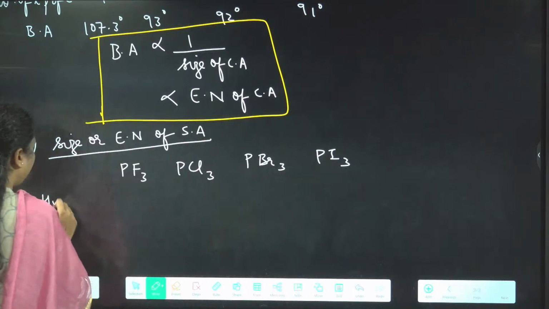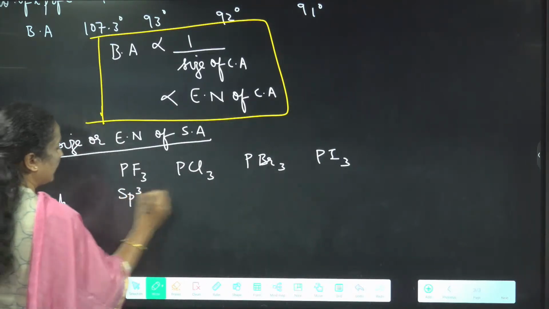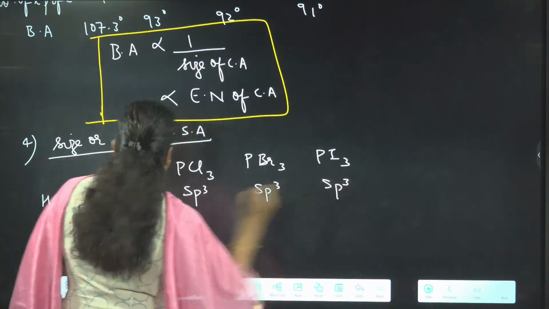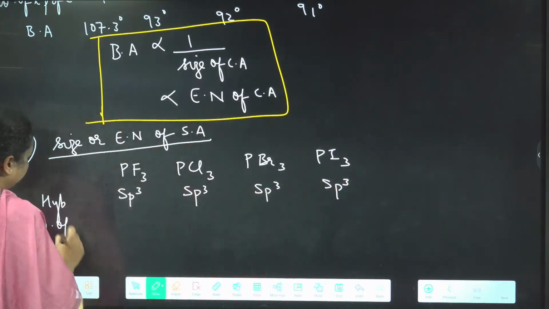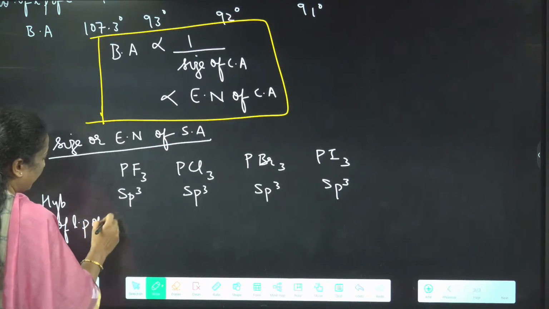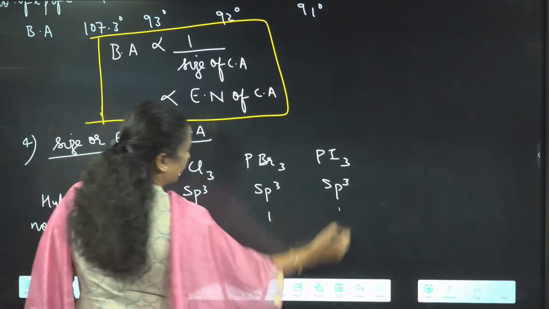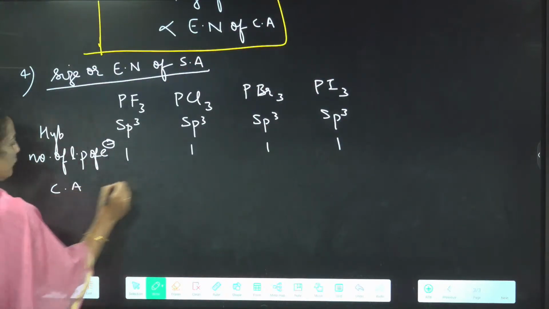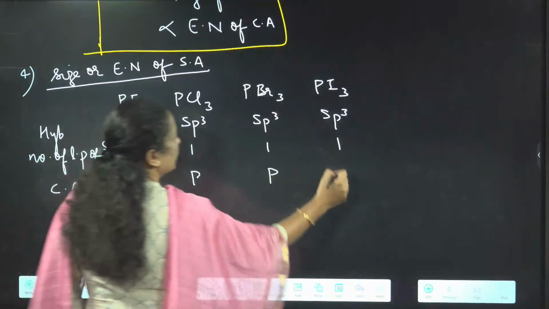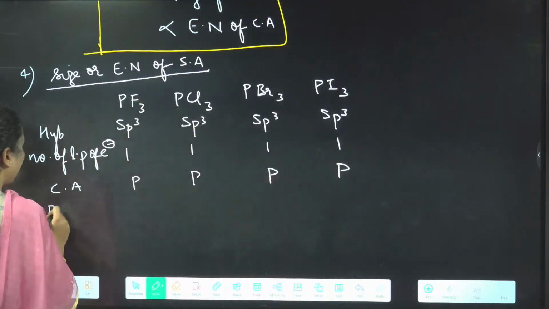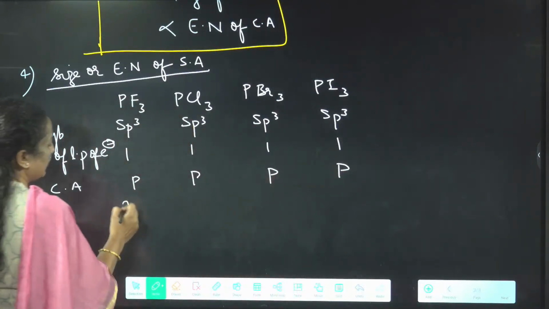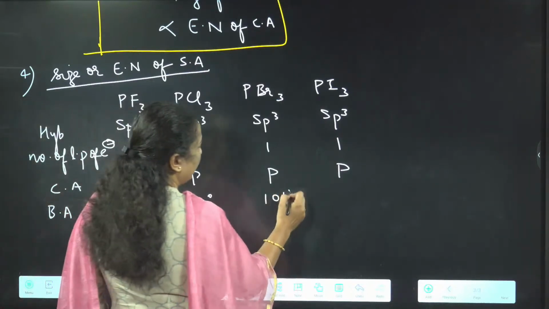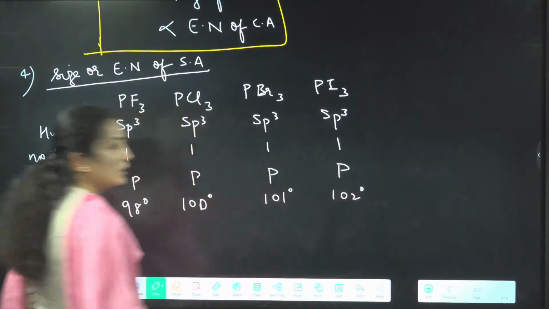Now here all of them are basically sp3 hybridized, and when we talk about the number of lone pairs of electrons, you are having just one lone pair. And the central atom, they all are phosphorus, right? Now the bond angle which is observed here is 98 degree, 100 degree, then 101 degree and 102 degree approximately, right?